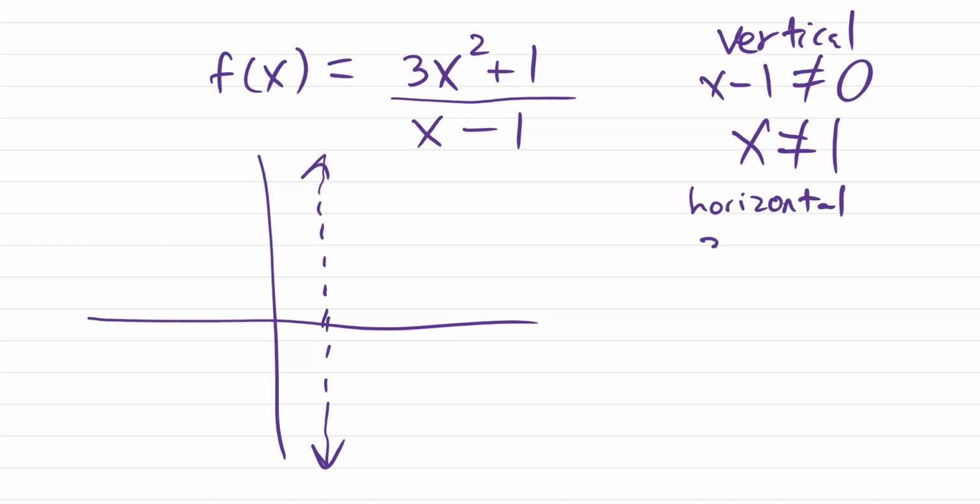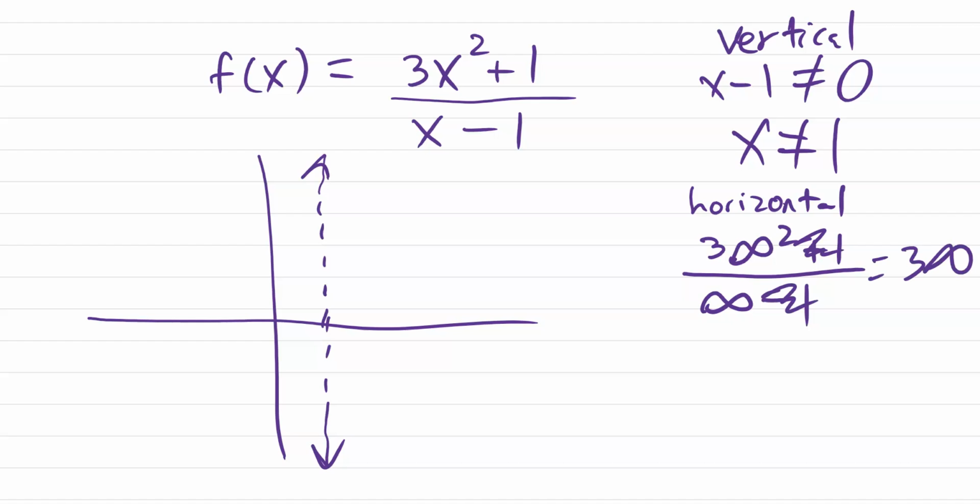If I put in infinities, get rid of the insignificance, cancel, I'm left with 3 infinity. This does not have a horizontal. This is one where it starts coming down and goes back up. Y goes to infinity.